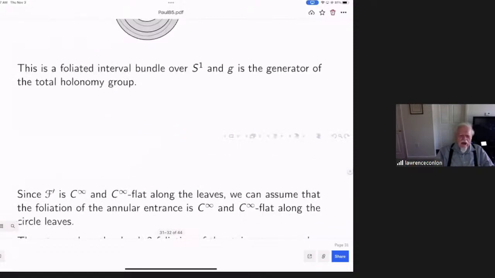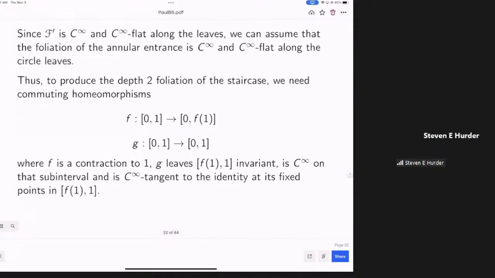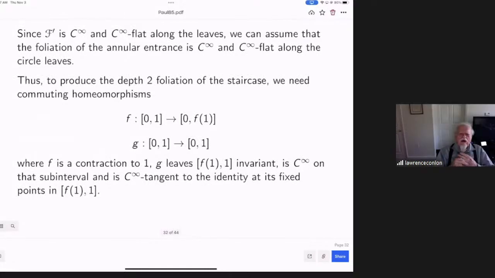All right. Yeah, F prime is C infinity and C infinity flat along the leaves. So we can assume that the foliation of the annular entrance is C infinity and C infinity flat along the circle leaves.